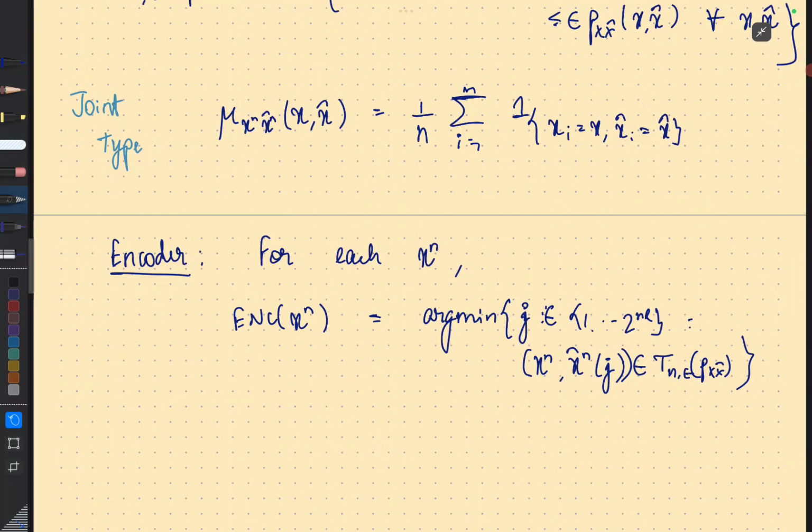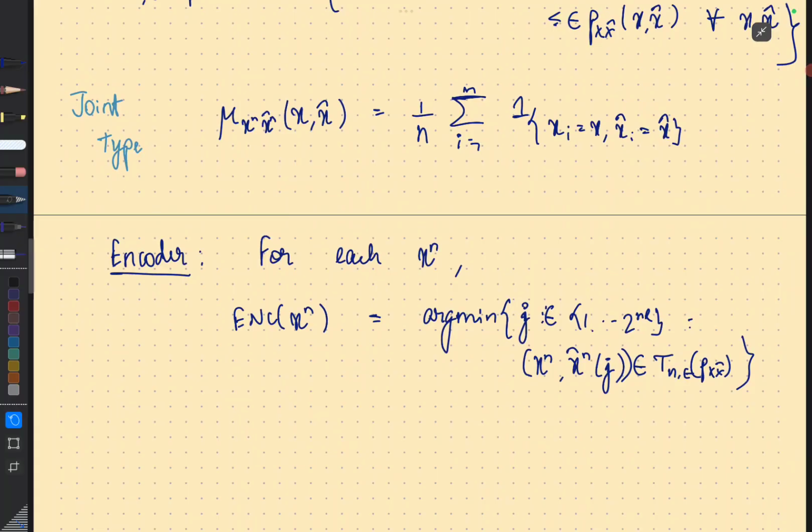If there are multiple code words that are jointly typical with x^n, you map it to one such code word, and here I have this rule where I encode it to the first code word in the order with which it is typical.